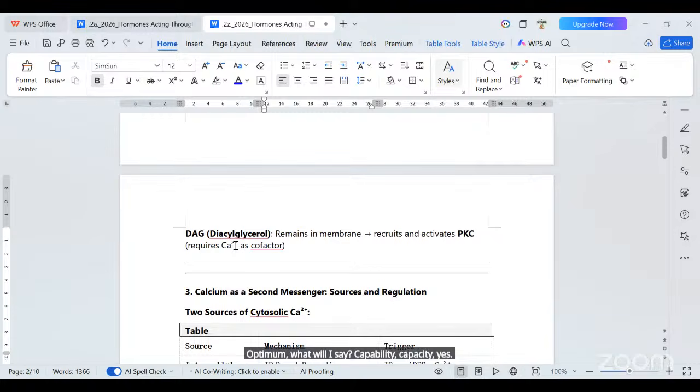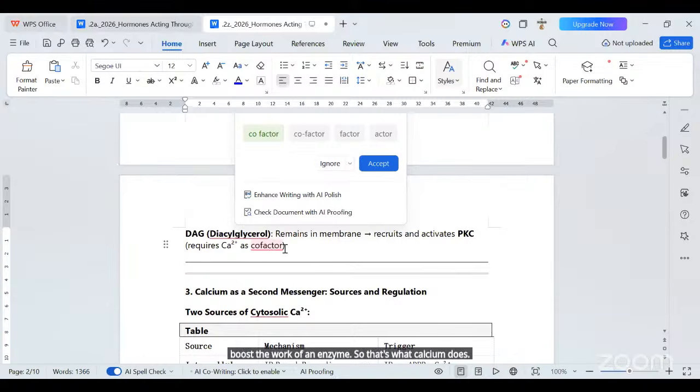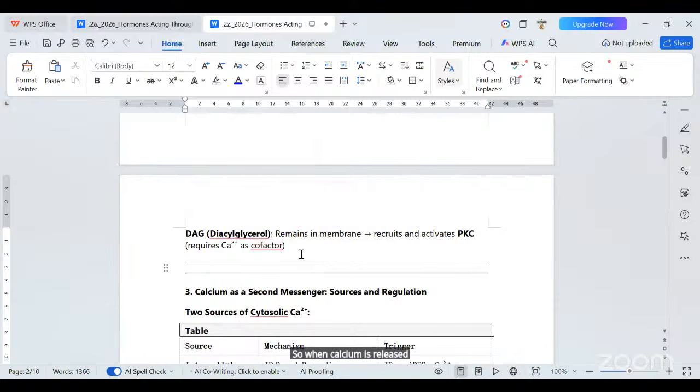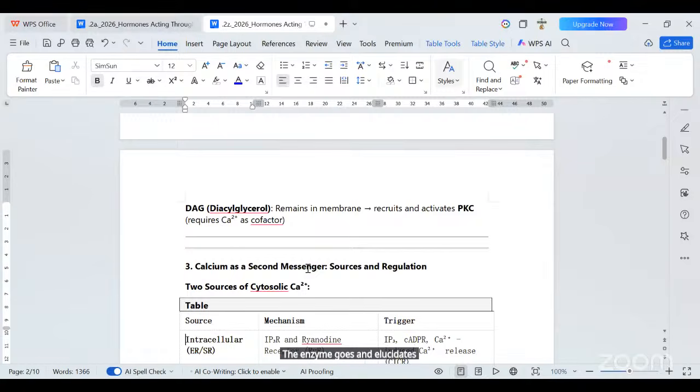So cofactors are those little things, in layman's language, that boost the work of an enzyme. That's what calcium does. When calcium is released, it attaches itself to the enzyme it works with, and then the enzyme goes and elucidates the effects required by the body.